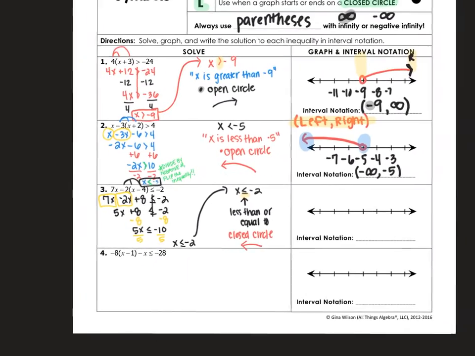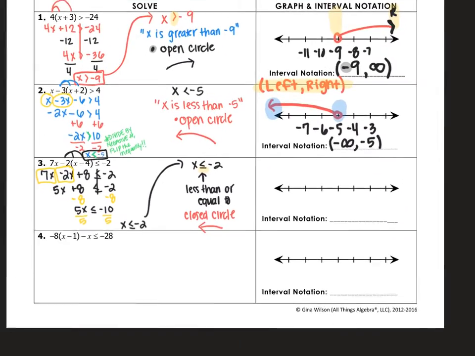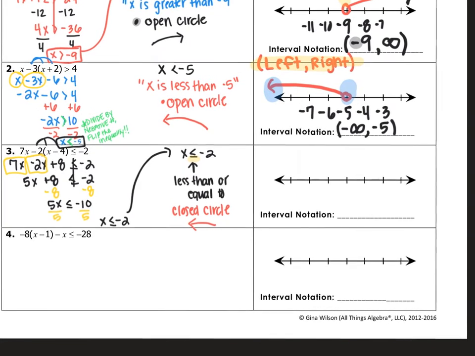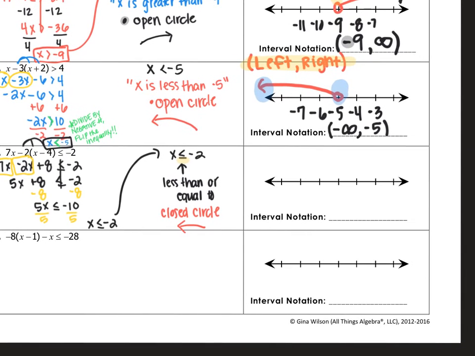So let's go to our graph and let's graph x is less than or equal to -2. So -2, -1, 0, -3, -4. So we said less than or equal to, so this is going to be a closed circle on -2. And we are going to point to the left because it is less than.